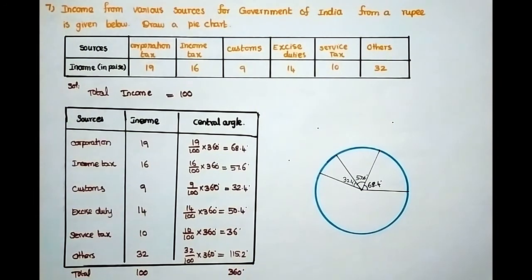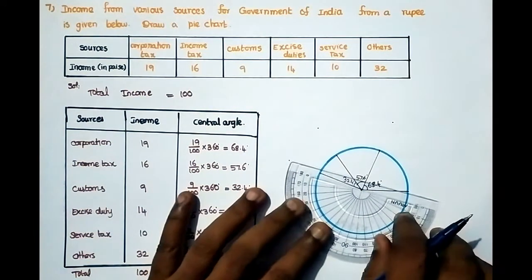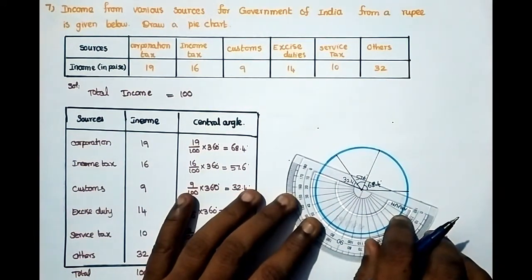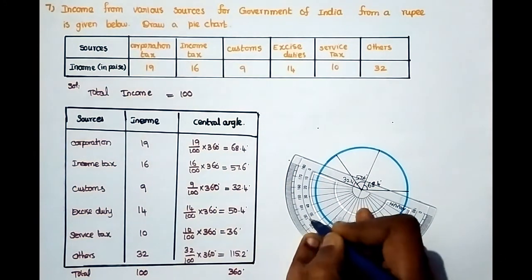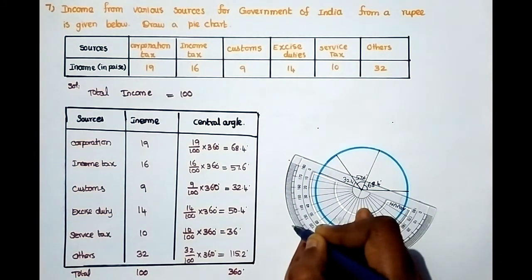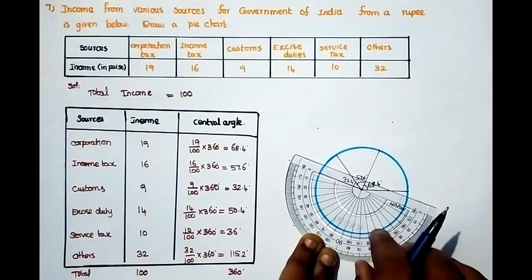And then 50.4. From the line we measure 50.4.